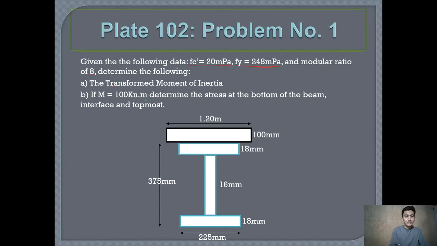You are tasked to determine the transformed moment of inertia, and at the same time determine the stress at the bottom of the beam, the interface, and the topmost part of the beam. I did not include here the comparison of the stresses because of the correction that I made earlier.